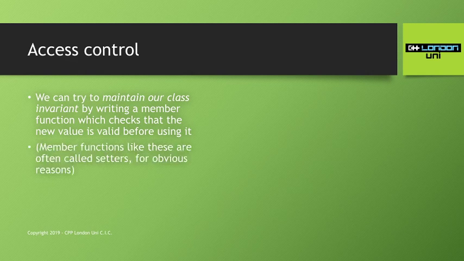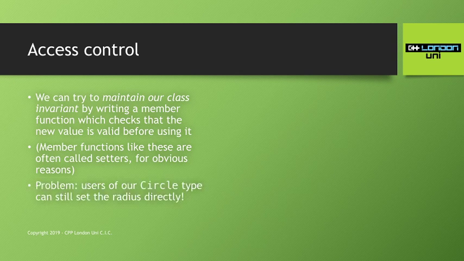These things are very common in a lot of languages. They're called setters, functions which are used to set a piece of member data. Unfortunately, the way we've written our circle class, even if we add this nice new set radius function that does the error checking for us, there's nothing to stop someone just calling .radius and setting it to whatever they like anyway.